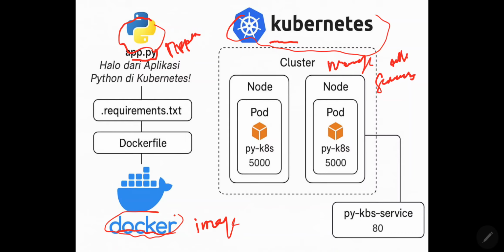This is the general imagination, and let's explain one by one the parts of this image: Python, Docker, and Kubernetes. Start from app.py. You can imagine this is like the food recipe.